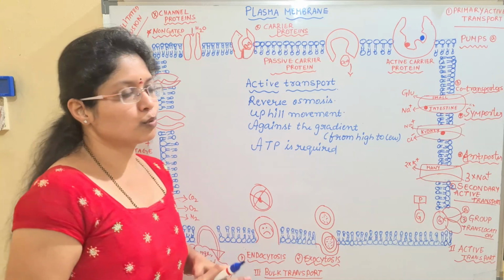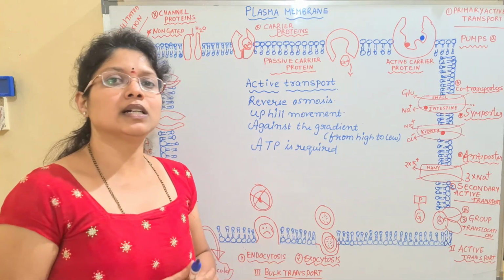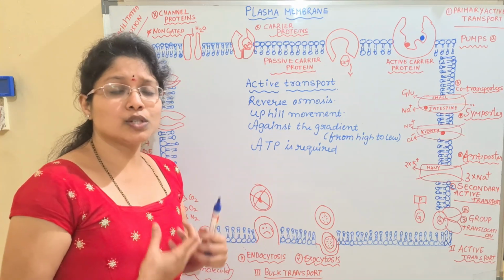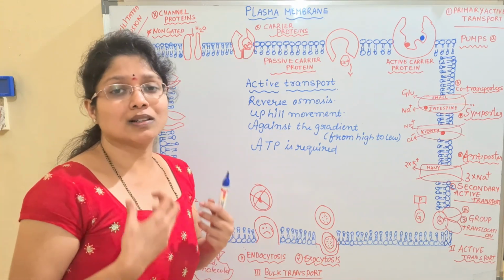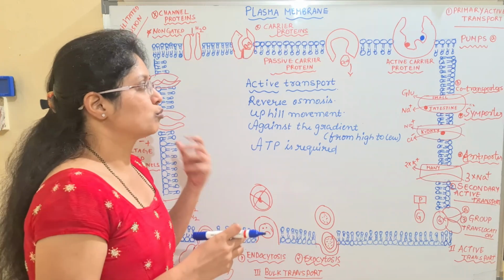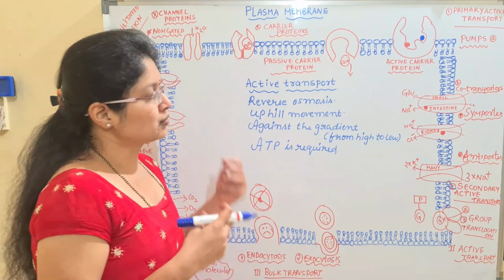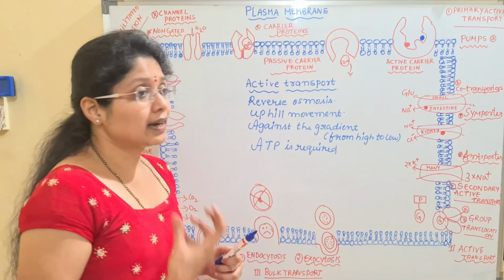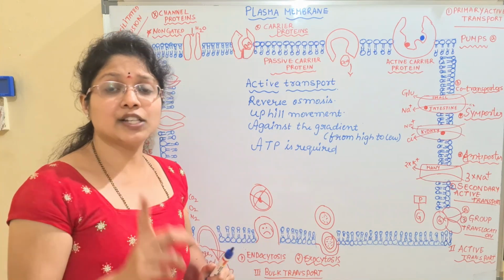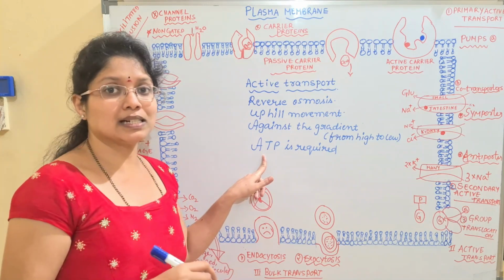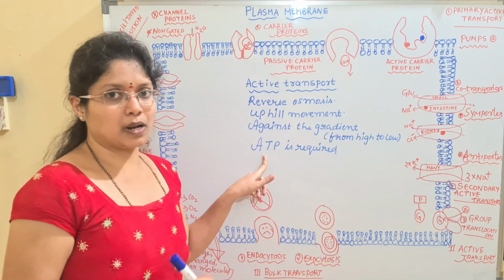In passive transport, they have their inbuilt potential energy, or you can say the molecules use the entropy or the kinetic energy naturally present in them. For active transport, they require additional energy, and this additional energy is supplied from the ATP present inside the cell cytoplasm.